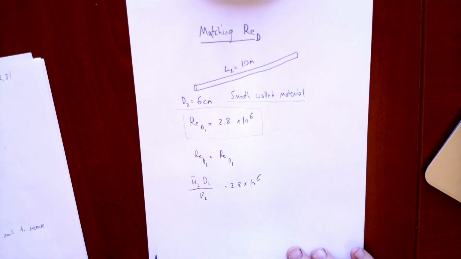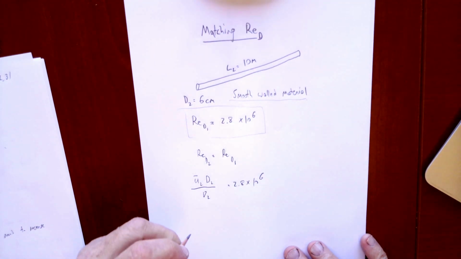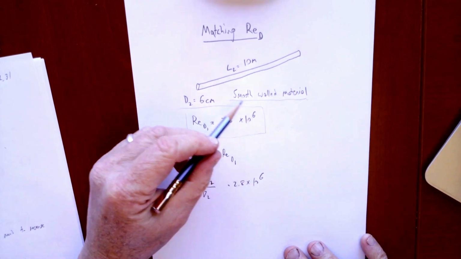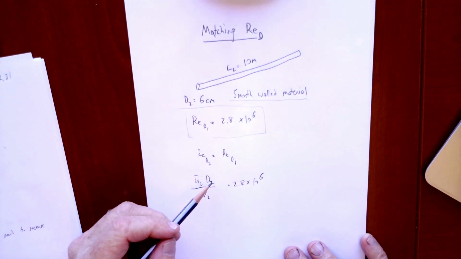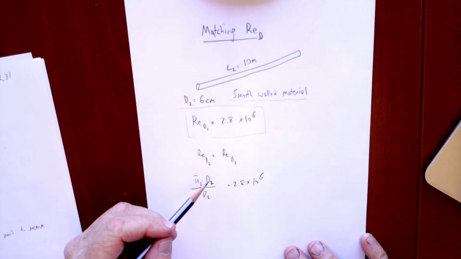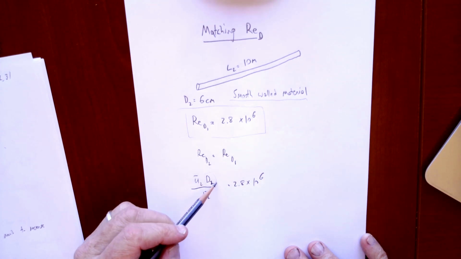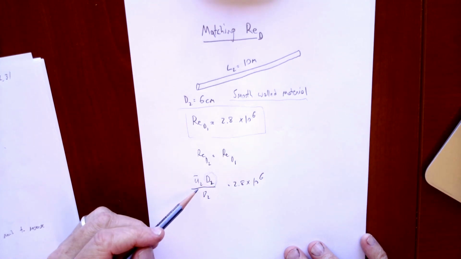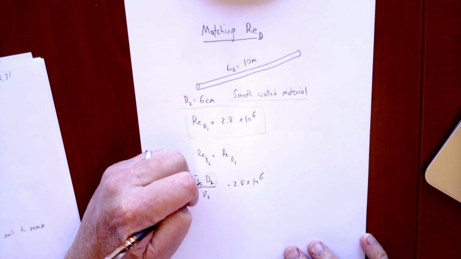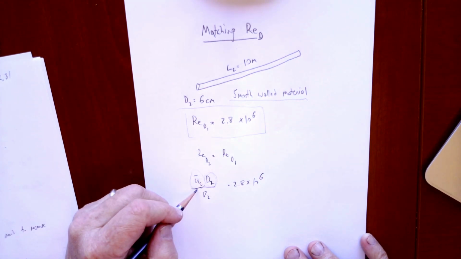So that's straightforward. Now we know D2. So D2 is fixed by the geometries we've decided, and D2 is, of course, much, much smaller than diameter 1. So if this is much smaller than diameter 1, we have a couple of options for matching the Reynolds number. We can try to increase the velocity a lot.